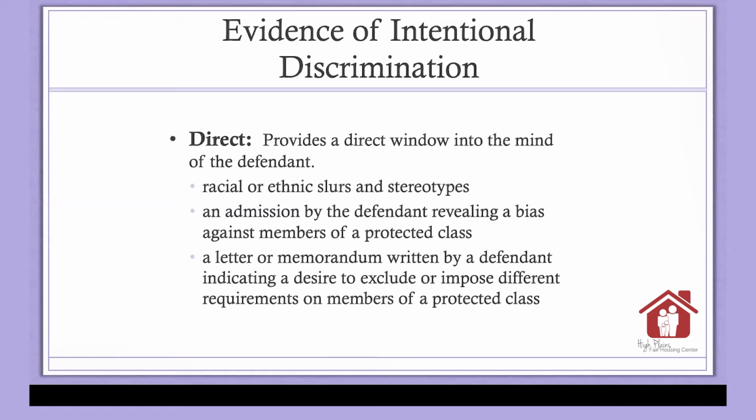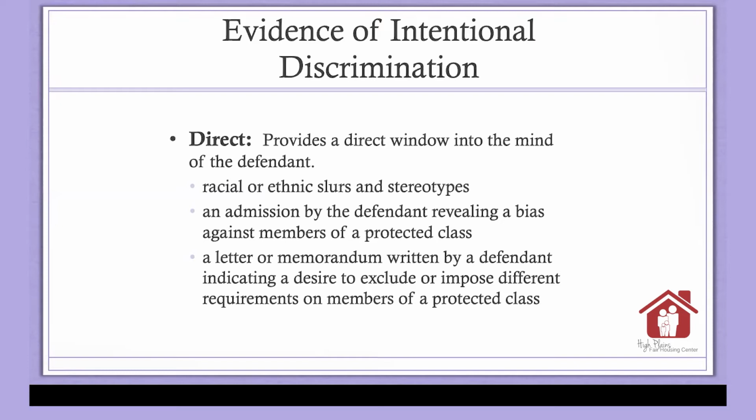So direct evidence: statements that show or evidence some sort of racial or ethnic stereotypes or bias, statements made by the defendant, ethnic slurs, an admission by the defendant that reveals a bias against members of a protected class, some sort of letter, email, text message written by the defendant that indicates the defendant's desire to exclude or to impose different requirements on members of a protected class. These types of direct evidence used to be a lot more common than they are these days.